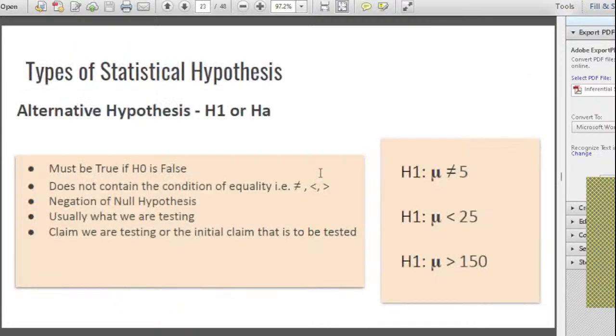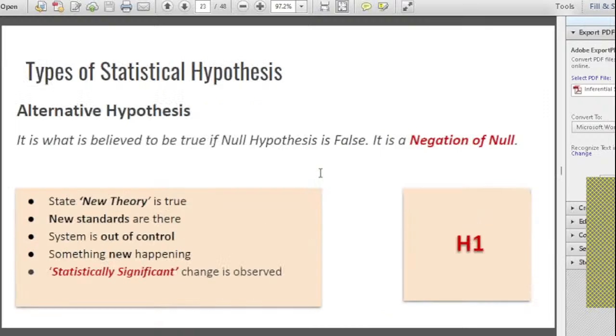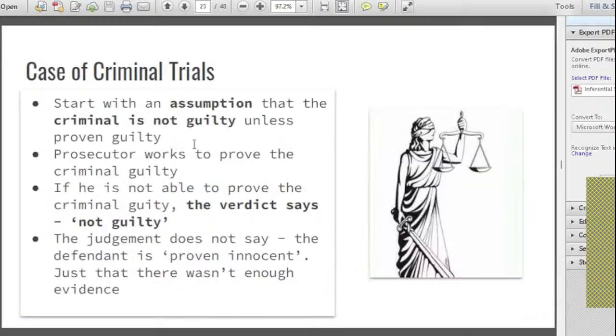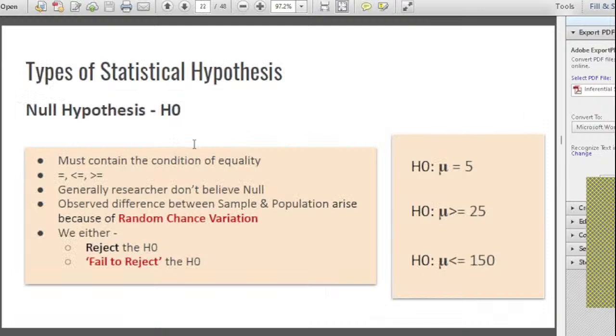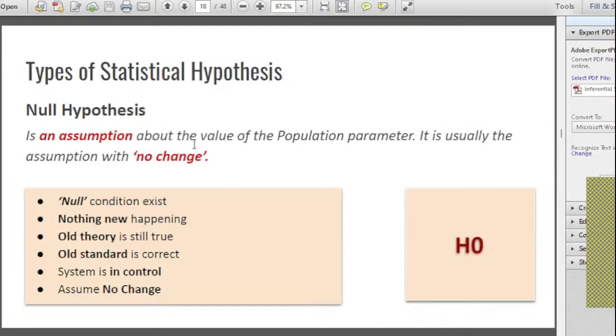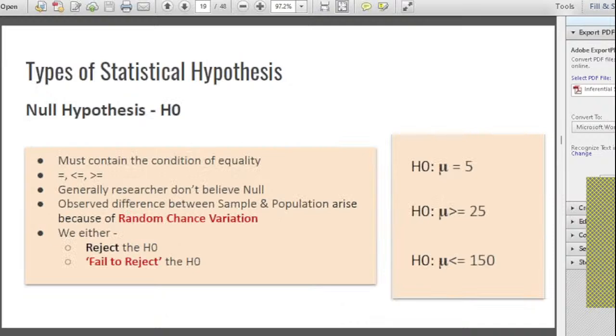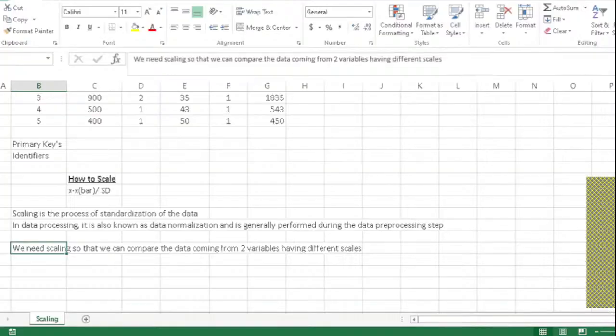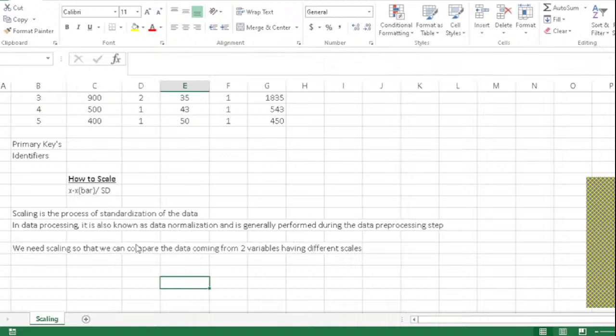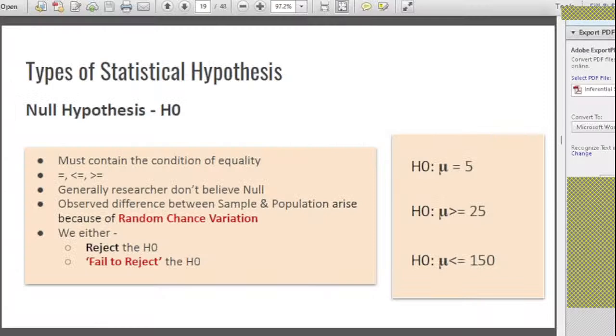And all of you know what is null hypothesis and alternate hypothesis? Yes? Okay, great. So let me open Excel.